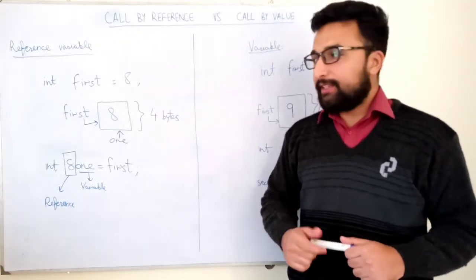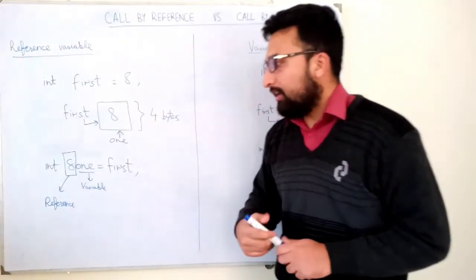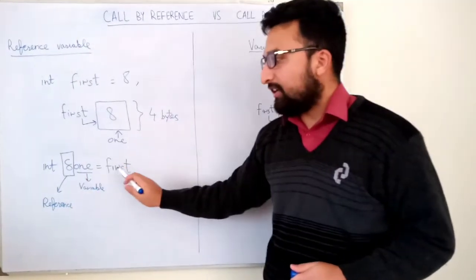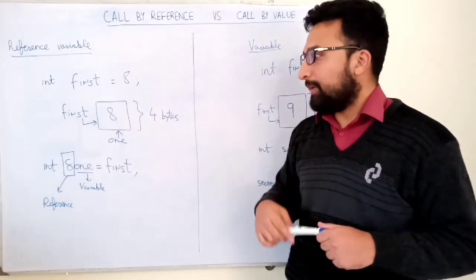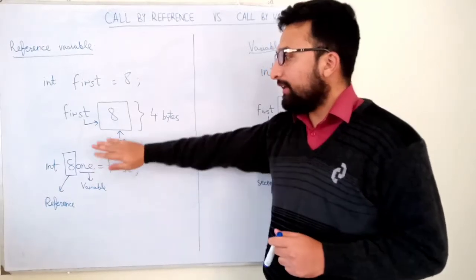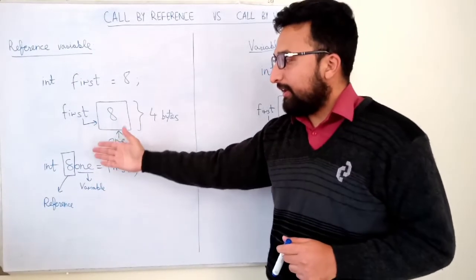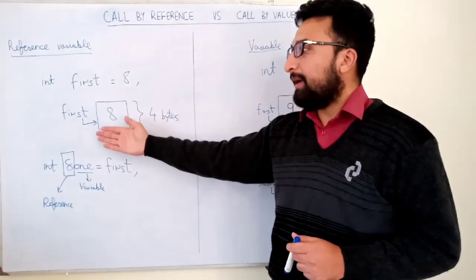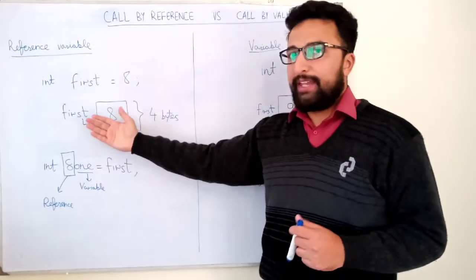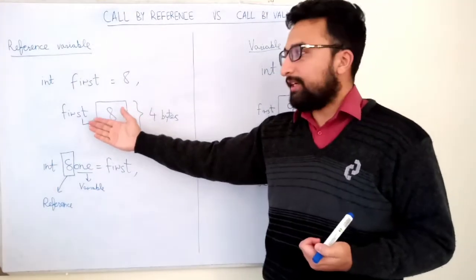What does this mean? This means that this variable 1 is serving as the reference to the variable first. For example, before we had defined our reference variable, the memory was being named only as first.